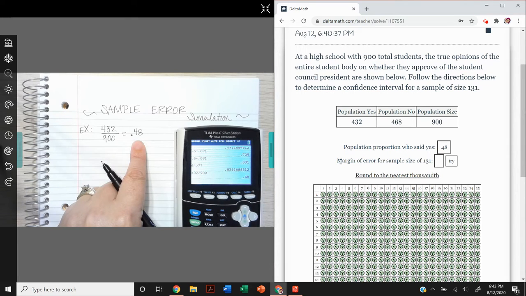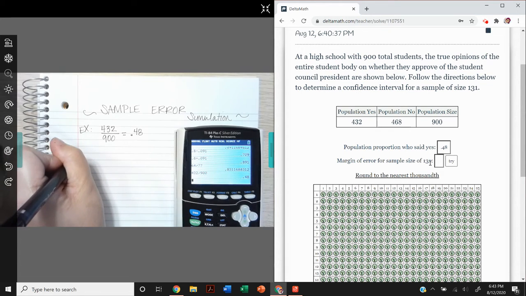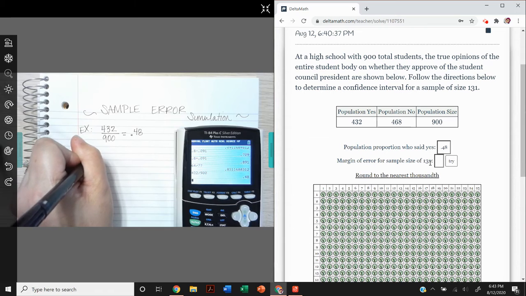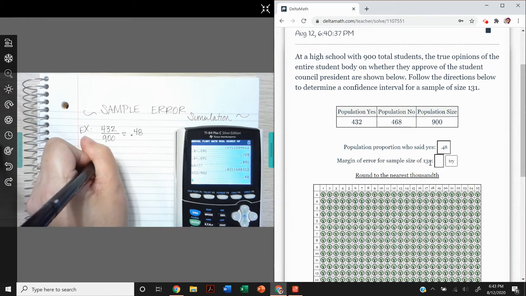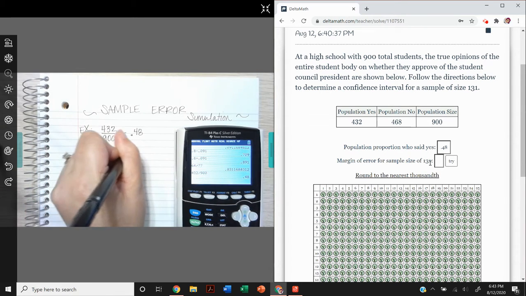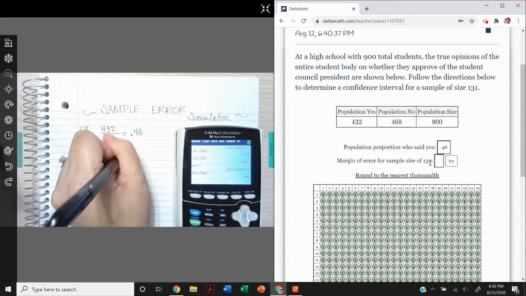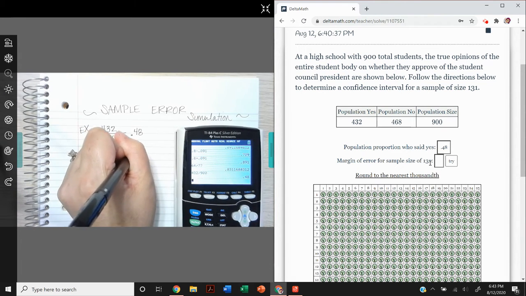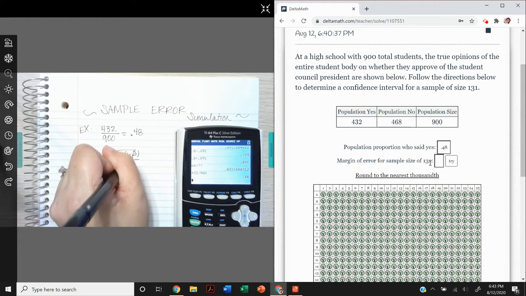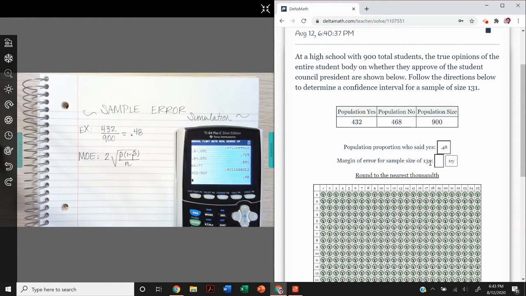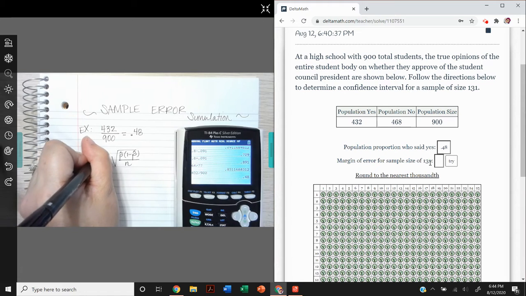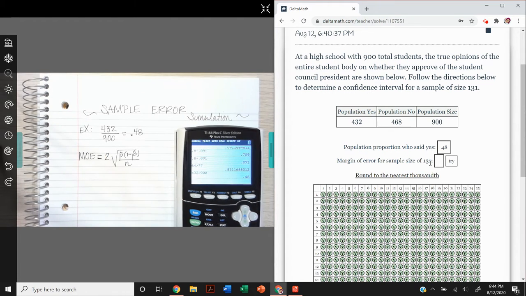Now it says to calculate the margin of error for a sample size of 131. So now I'm going to bring back that formula, ME, that said 2 times the square root of p-hat times 1 minus p-hat over n. I'm going to redo this formula that we did in a previous video.